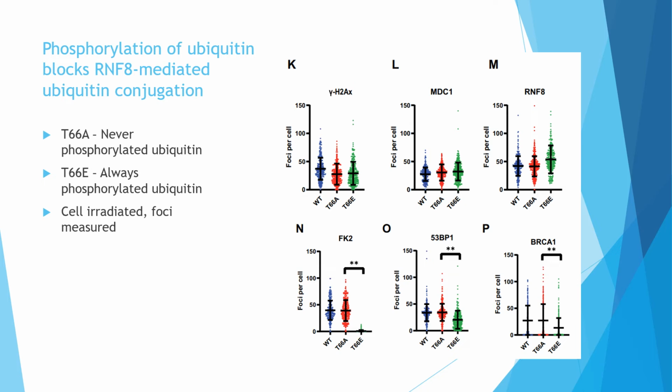And so this showed that by phosphorylating ubiquitin, you inhibit basically the exact same step of the repair pathway. And so this is very well what could be at play here with the low substrate stiffness causing inhibition of that step as well.